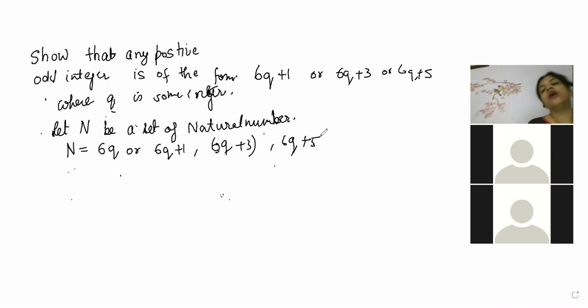N can be any number because n is a set of natural numbers. Now, beta, what will we do? Where q is some integer.